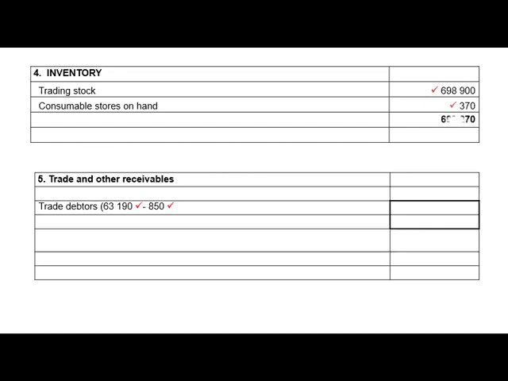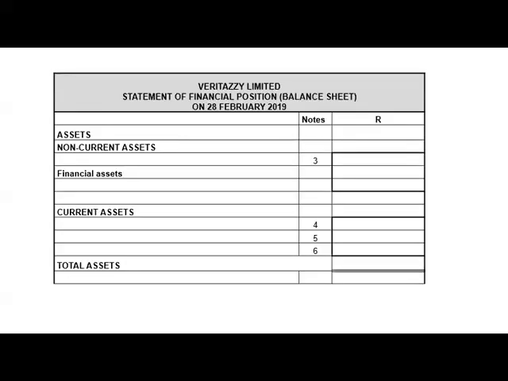That will give you your inventory of 699,270, which you will put in your statement of financial position under current assets. Right, you normally put it over here as your inventory. So you'll put it over there as I've indicated. We'll come back to it though later on.